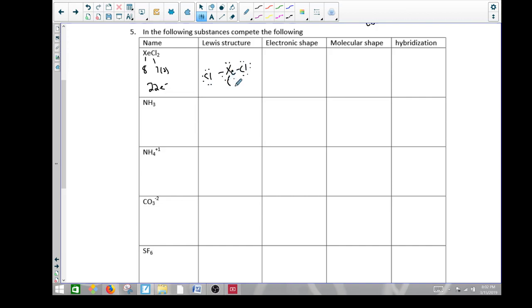This central atom has 1, 2, 3, 4, 5 domains. I'll take all those circles off there, that's the Lewis structure. Electronic shape, 5 domains, is trigonal bipyramidal.